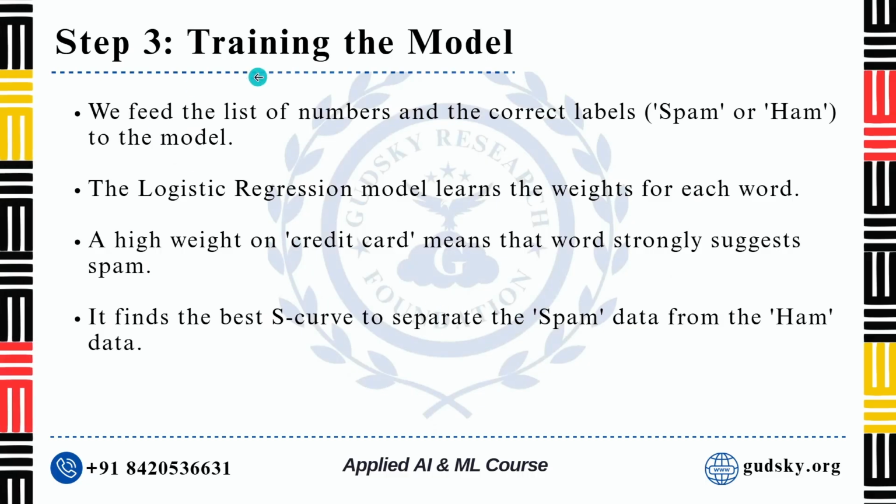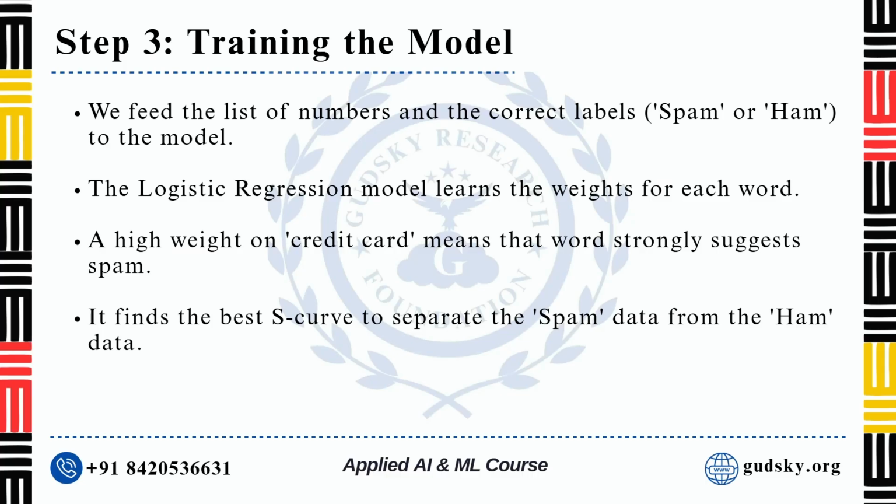And step 3, the last, training the model. Just like before, we train the model by feeding it our numerical feature matrix along with the correct answers, the labels 0 or 1. The logistic regression model then learns a specific weight for each single word.